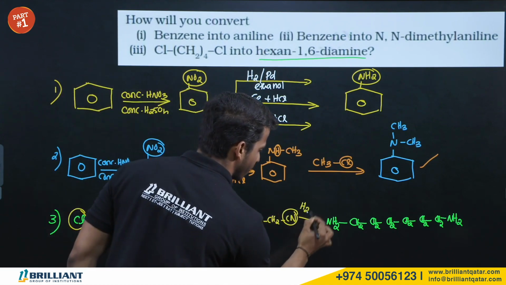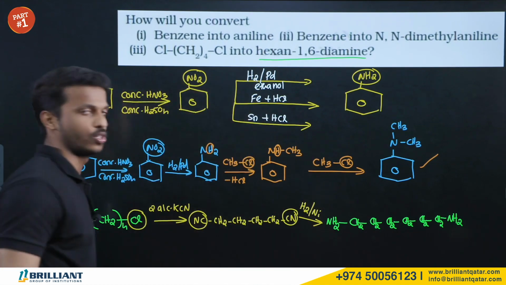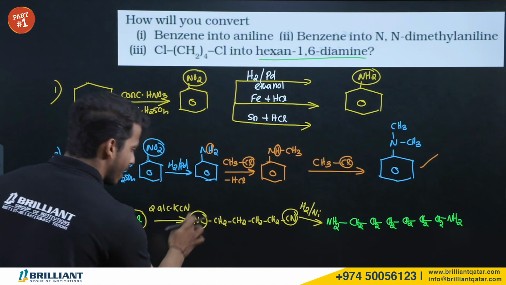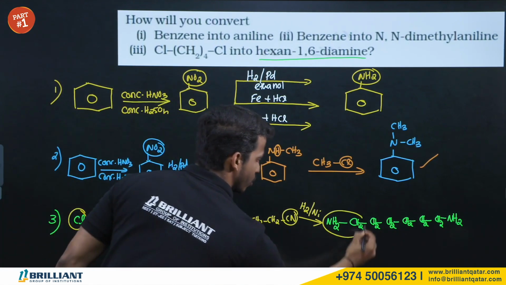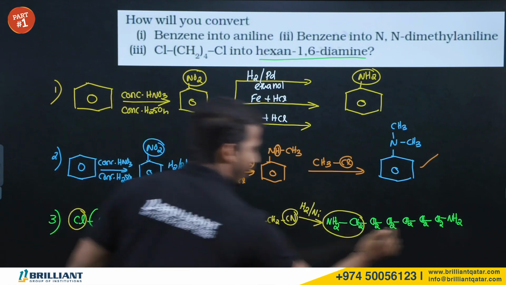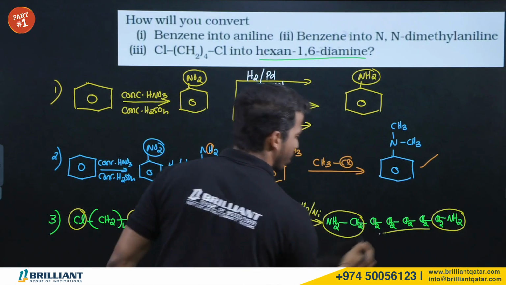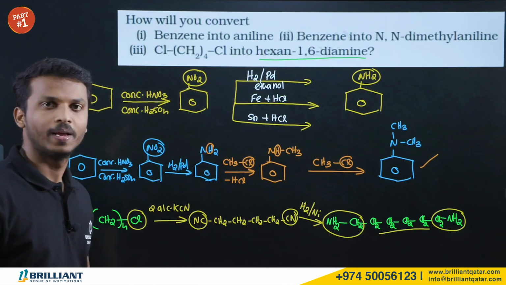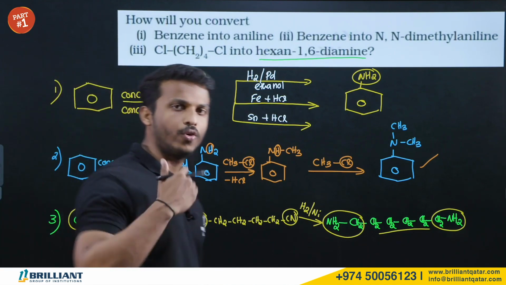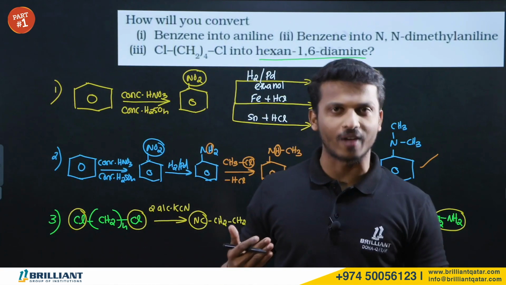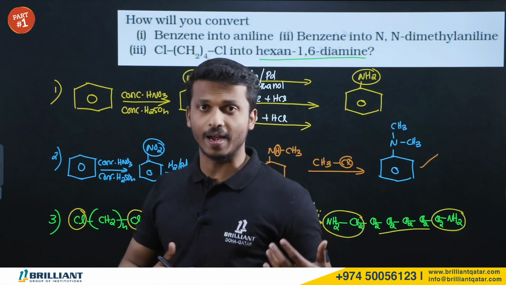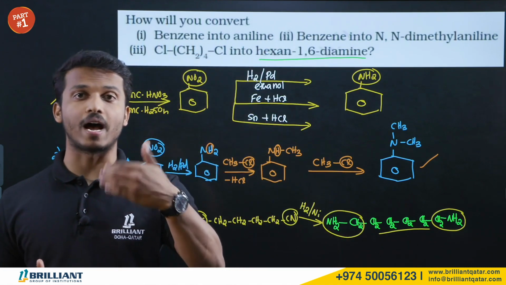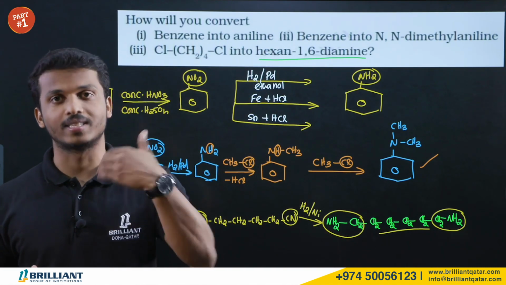Hydrogen in presence of nickel can be the best one. So this cyanide on reduction you will get CH2NH2, and likewise the other one. The center 4 carbons are already there. So always if you need an increase in the number of carbons from reactant to product side, you have to use the step up method. Try to bring a cyanide group. Then it is easy.